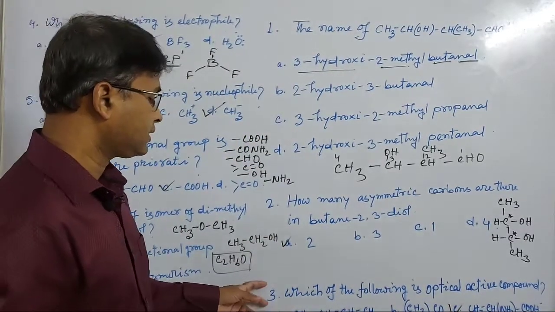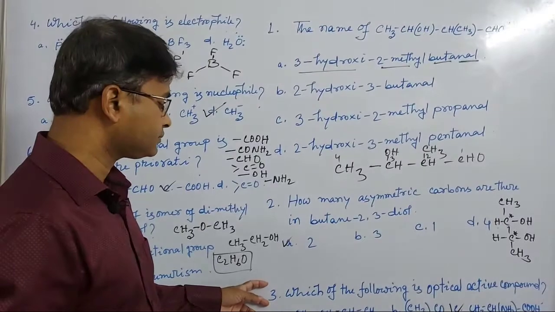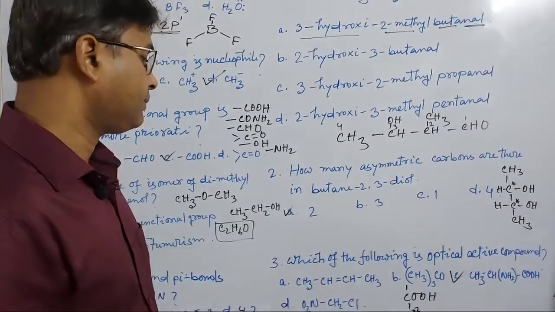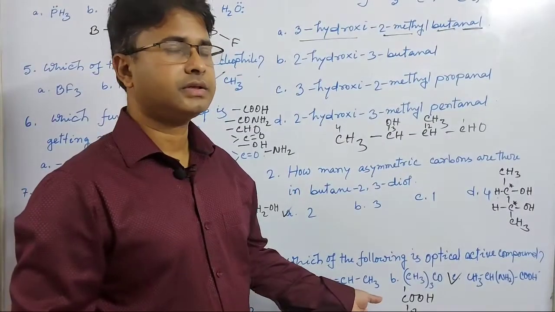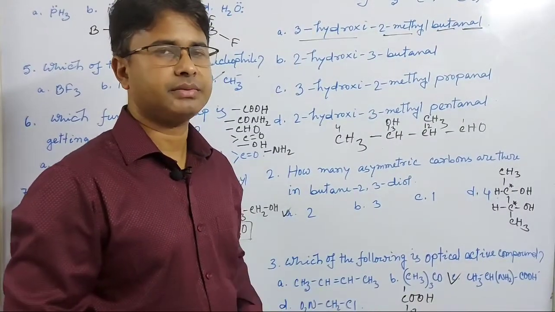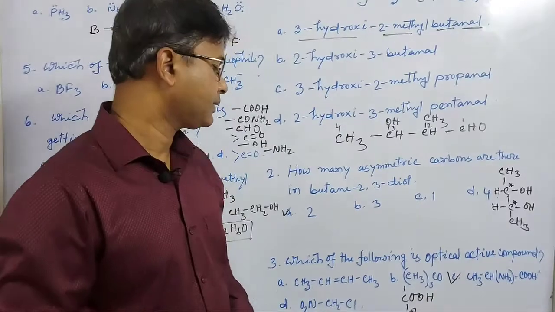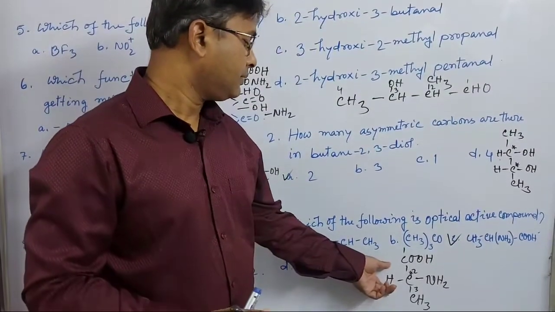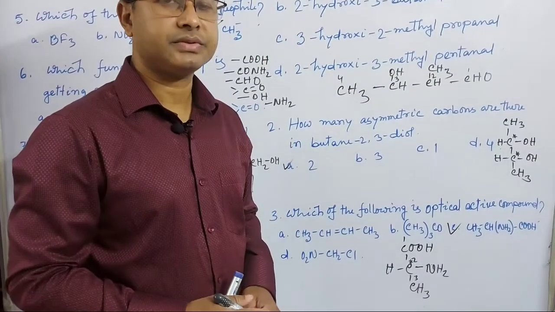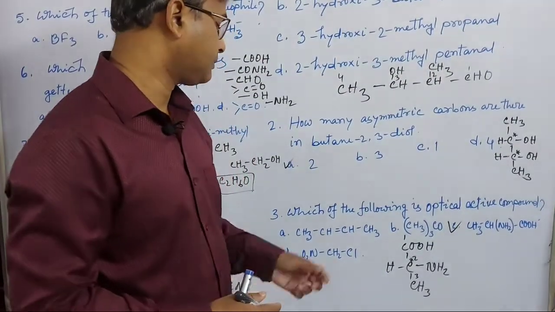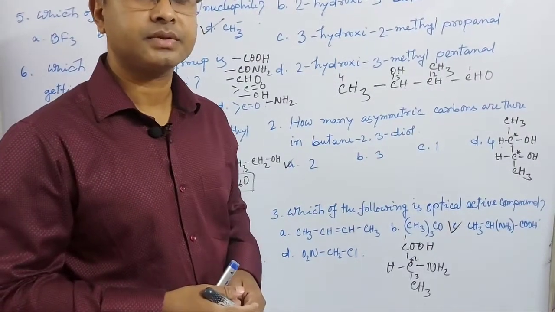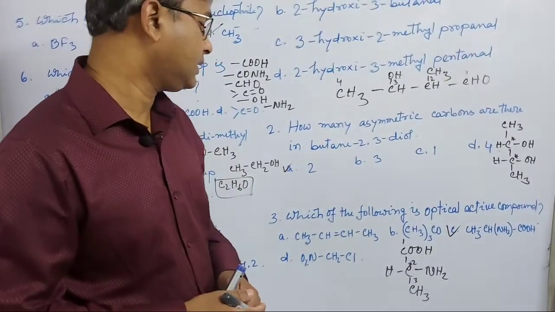And third question, which of the following is an optically active compound? It contains a chiral carbon or asymmetric carbon, and of course its mirror image will not be superimposable on it, and the compound will rotate the plane of polarized light clockwise or anti-clockwise.